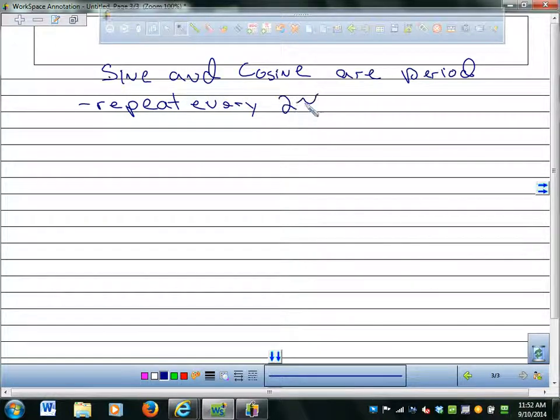Every 2 pi radians. Okay, and when we get into graphing these trig functions, you will see along the x-axis you have time, or what else? Usually time or degrees or different types of things. But you'll see that these trig functions go up and down like that.